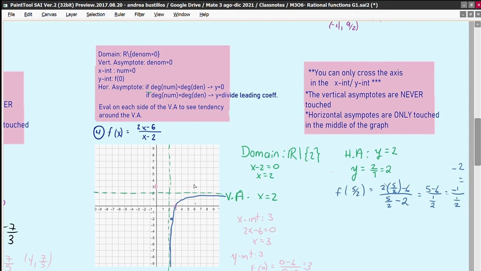And if you want to know how the function gets closer to the horizontal asymptote, just evaluate at a number you like. For example, 6. If I evaluate the function at 6, this is going to be 12 minus 6 over 6 minus 2. This is 6/4 or 3/2. So the coordinate 6, 3/2, that is, 1.5, is here.